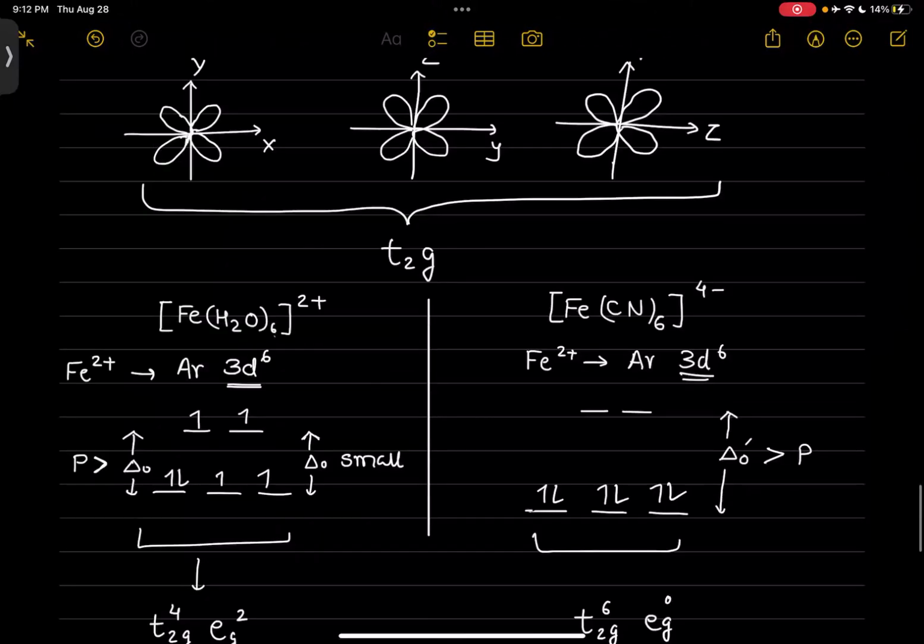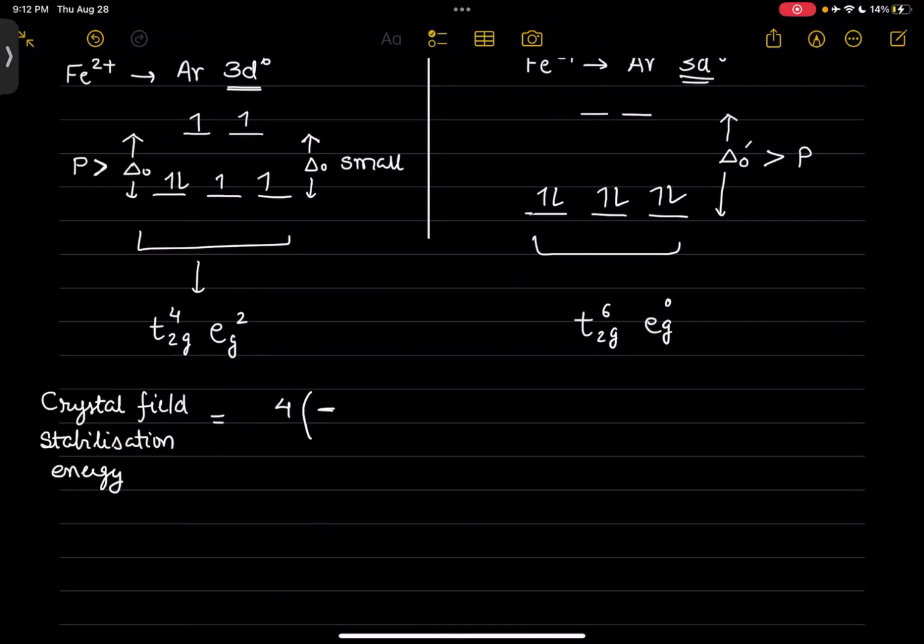But there are 4 electrons at this lower energy level, each having energy minus 2 by 5 delta, and there are two electrons at the higher energy level, each having energy of 3/5 delta. Got it? So the overall, and there is one repulsion caused by pairing energy.